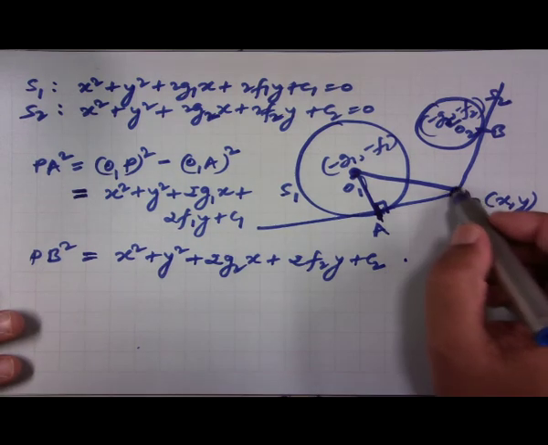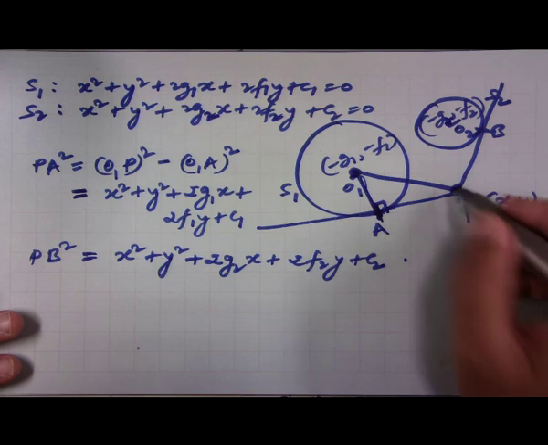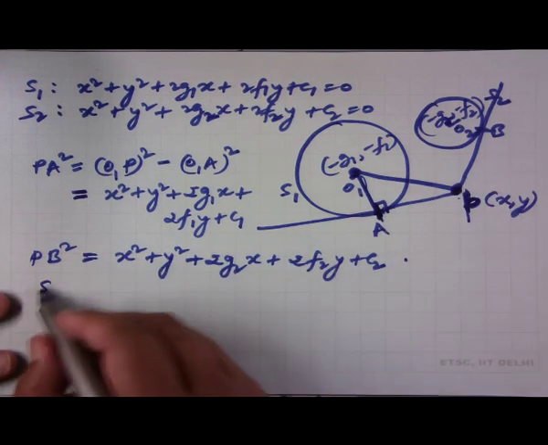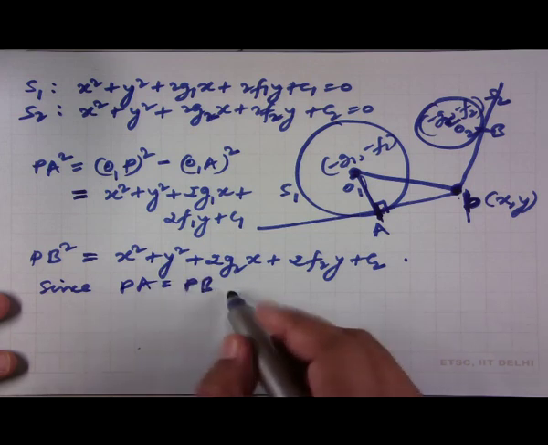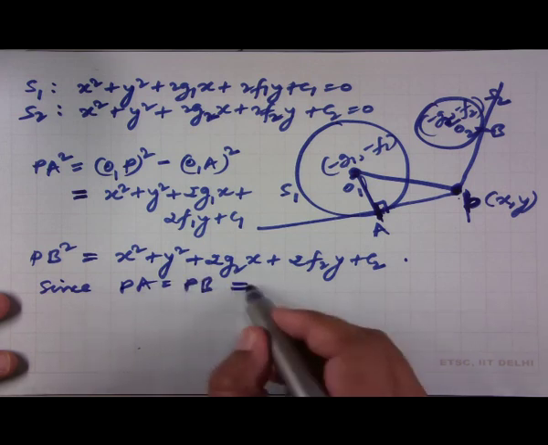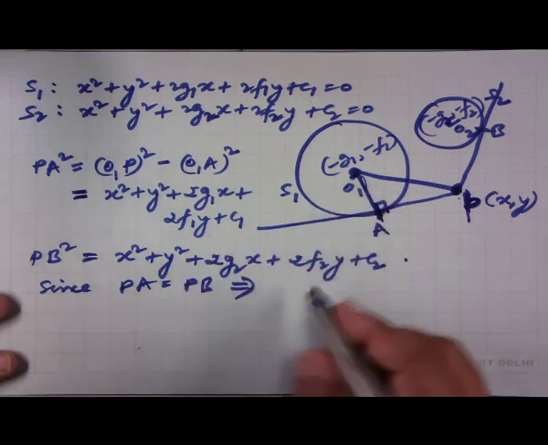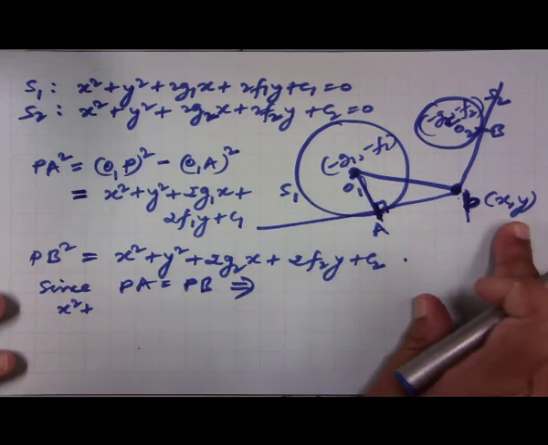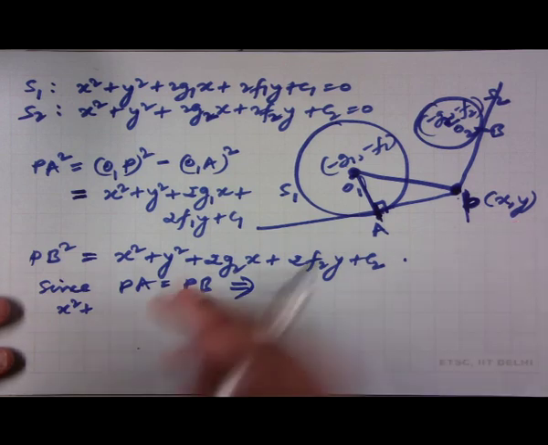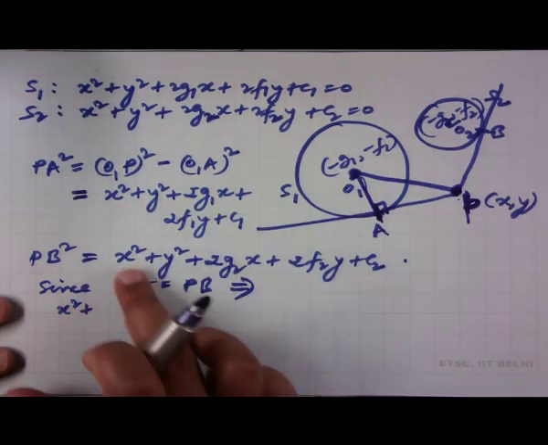Now, since PA and PB are equal, it follows that the coordinates x and y must be such that this expression and this expression are equal.